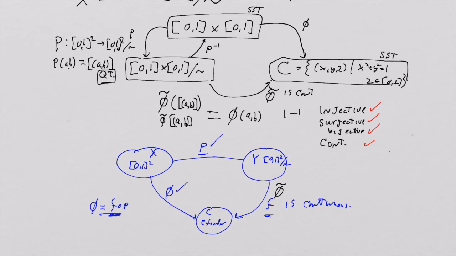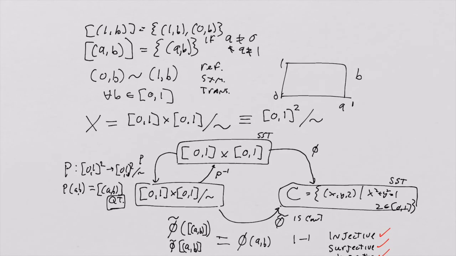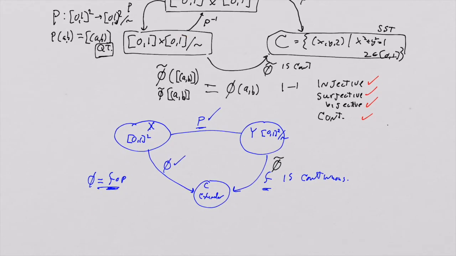So that's pretty good because it's almost a homeomorphism. And remember, that's what we're after. We wanted to show that the quotient space of the square under the equivalence relation that links these two sides together is homeomorphic to the cylinder, which is by definition of a cylinder, this set here.